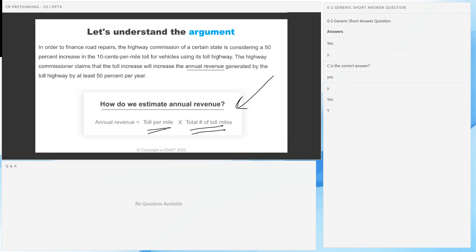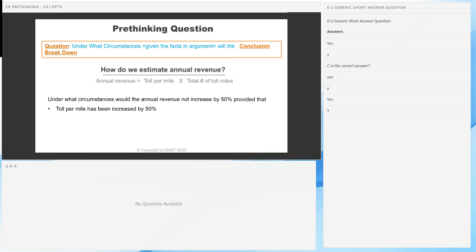Now, what we are told, let's go back over here, is that toll per mile is going to go up by 50%. So the falsification question, remember this was the structure: under what circumstances, given the facts in the argument, will the conclusion break down? So under what circumstances would the annual revenue not increase by 50%? That's my conclusion breakdown.